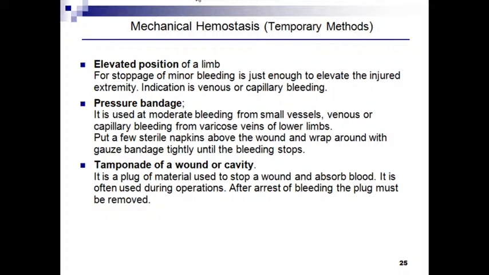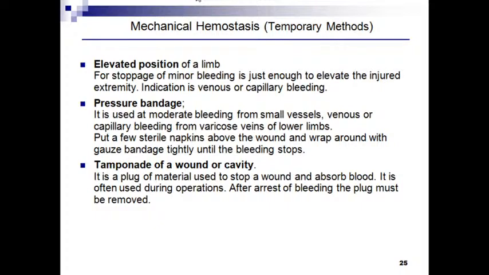Indication is venous or capillary bleeding from limbs, upper or lower limbs. Pressure bandage. It's used for moderate bleeding from small vessels, veins, or capillary bleeding from varicose veins of lower limbs. The technique is to put a few sterile napkins above the wound and wrap around with gauze bandage tightly. Keep the bandage until the bleeding stops.